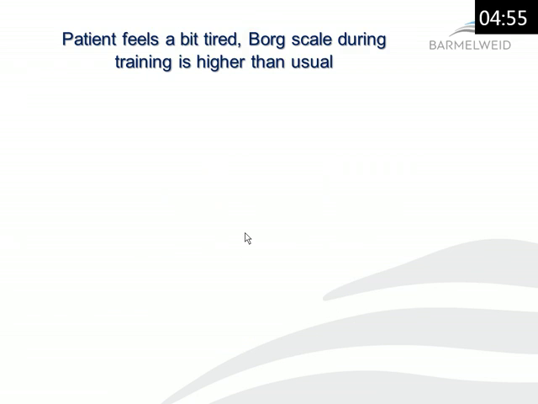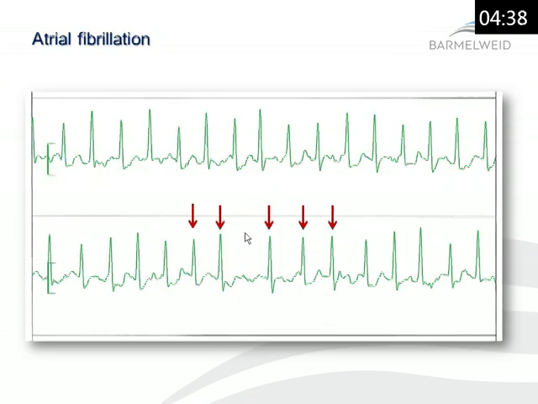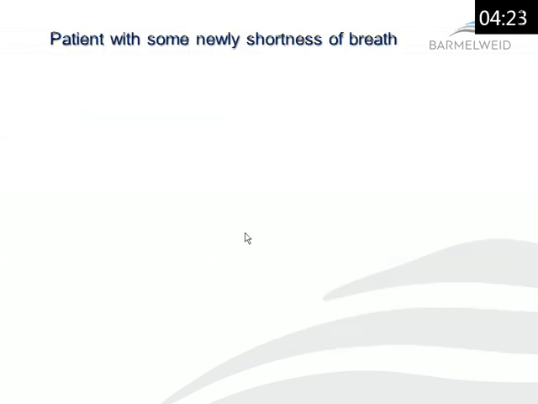The Borg scale during training is higher than usual, and you see this typical scattering of the heart rate, around 135 to 150 during exercise. If you look at the monitored ECG, this patient has developed atrial fibrillation, which has to be treated. You have to look whether the patient is on anticoagulation or not.